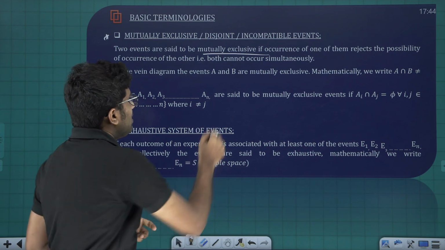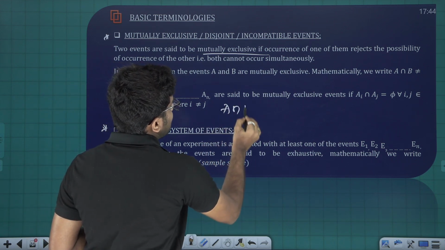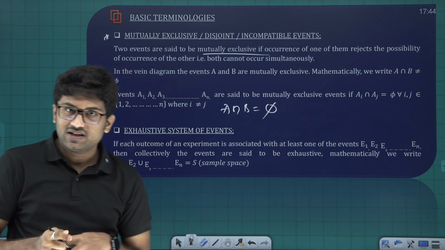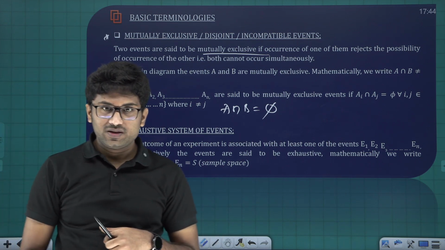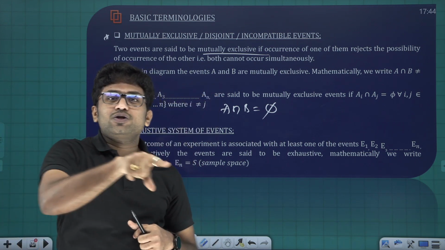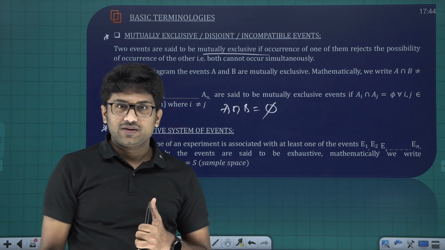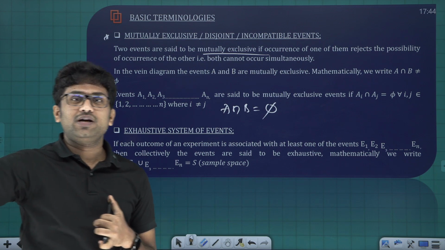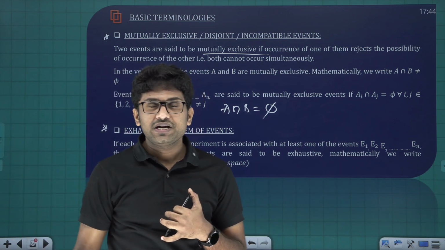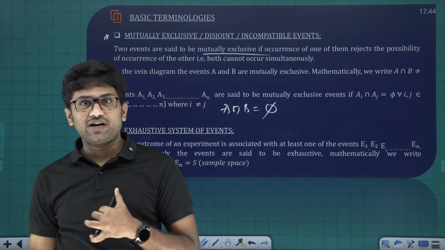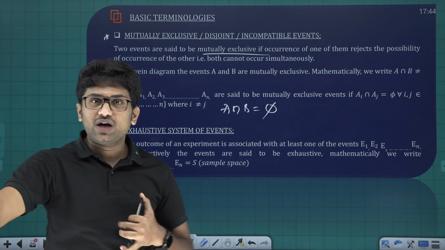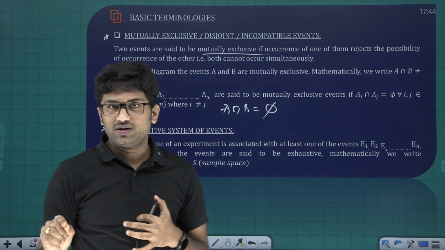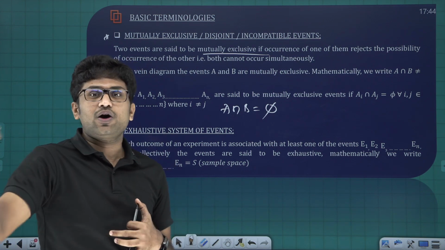That means if their intersection is a null set, they both together won't occur. Let's say E1 denotes getting a prime number when we throw a dice. E2 denotes getting a composite number when we throw a dice. If E1 occurs, E2 will never occur. If E2 occurs, E1 will never occur. So such events are called mutually exclusive events. Their intersection will always be a null set.